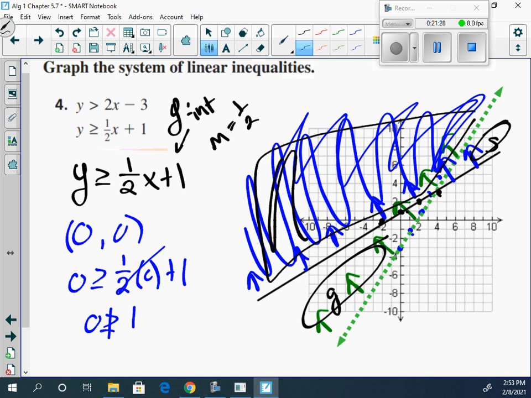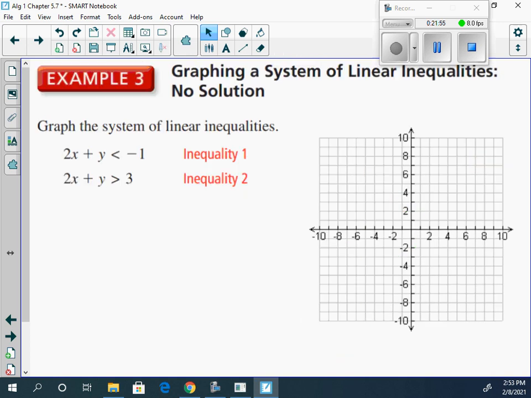This is the only place where both equations are true, in that upper top corner. Because we still have a few more that we're covering here. Any questions on these here? Okay.